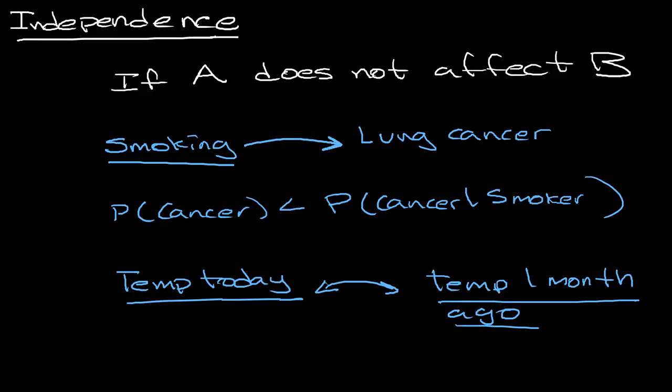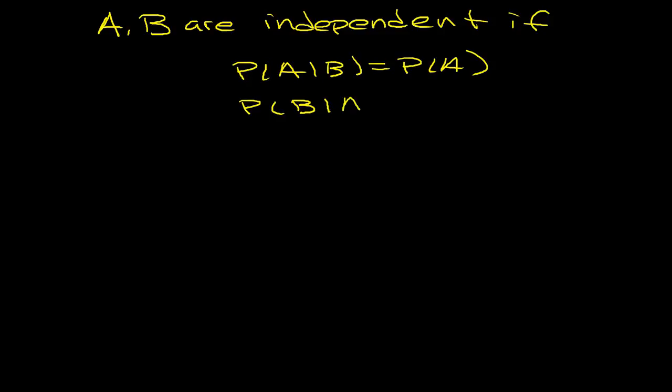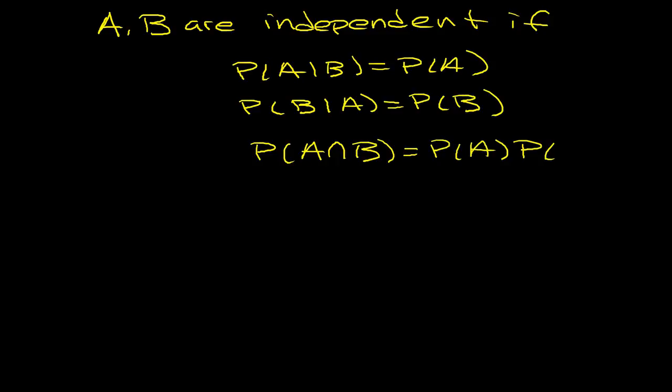But of course we cannot work with intuitive concepts. We need a clear definition. So the way that we're going to define independence is that events A and B are independent if the probability of A given B is just the probability of A, or if the probability of B given A is just the probability of B, or if the probability of the intersection is the same as the product of the probabilities.